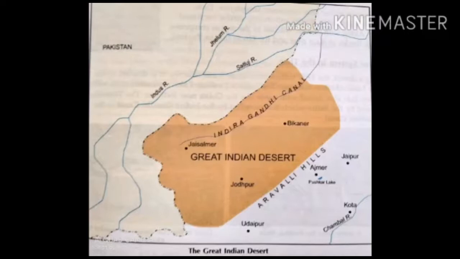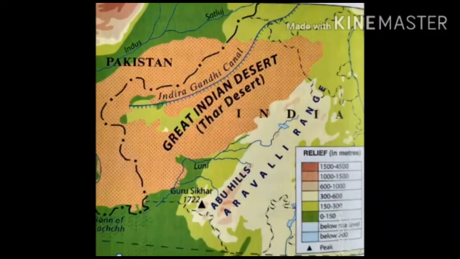Let's see. The Great Indian Desert, also known as the Thar Desert. It is located in the northwestern part of India, in the state of Rajasthan. The Thar Desert is bordered by the Sutlej River on the northeast. It has a salt marsh known as the Rann of Kutch towards its south.